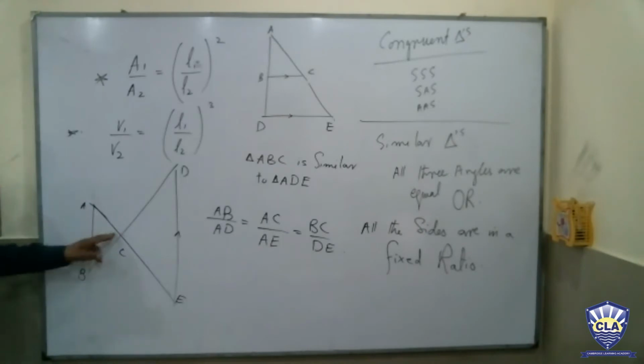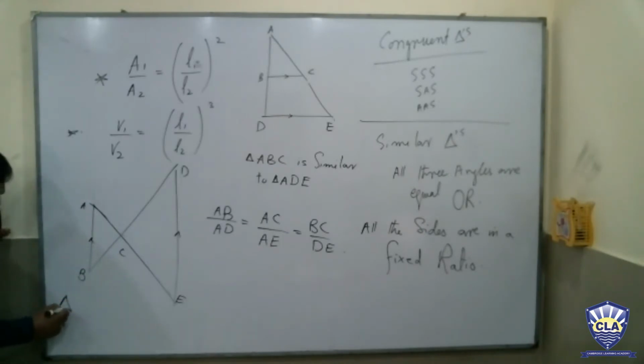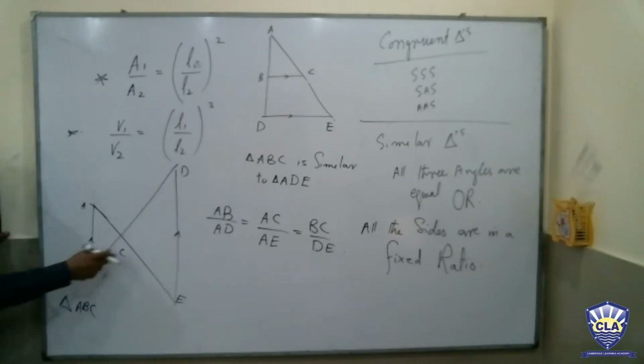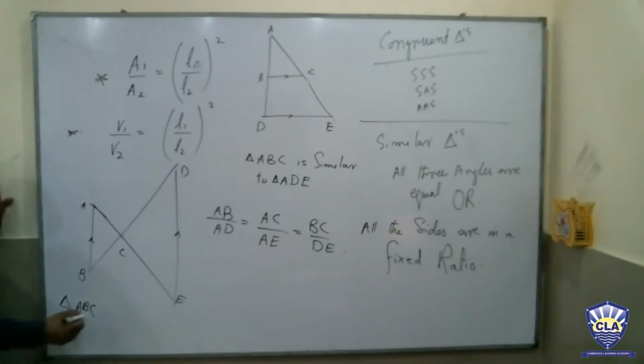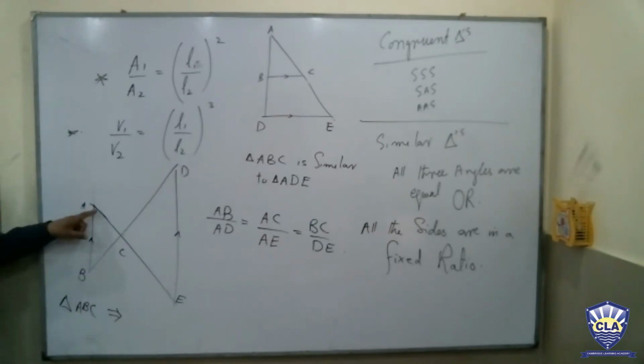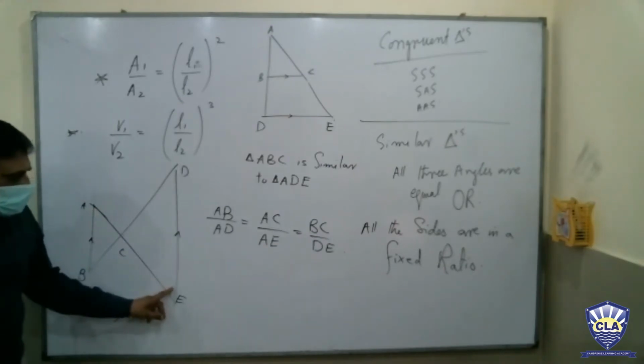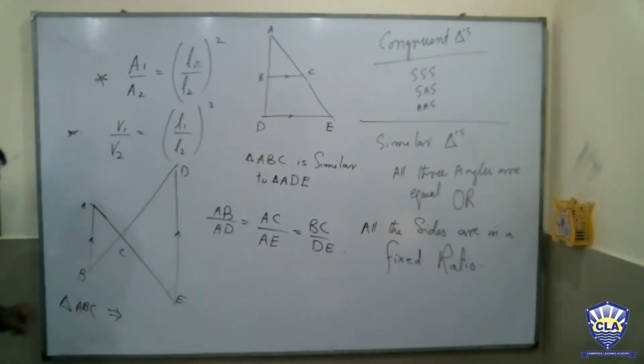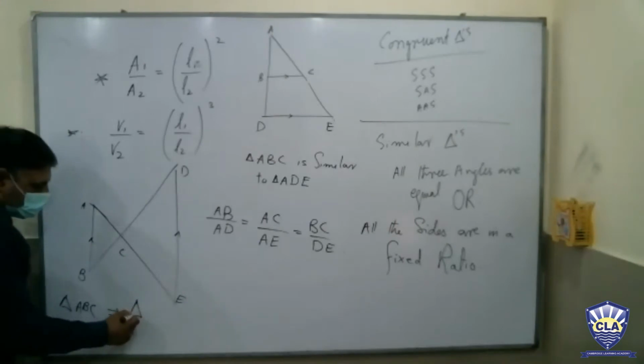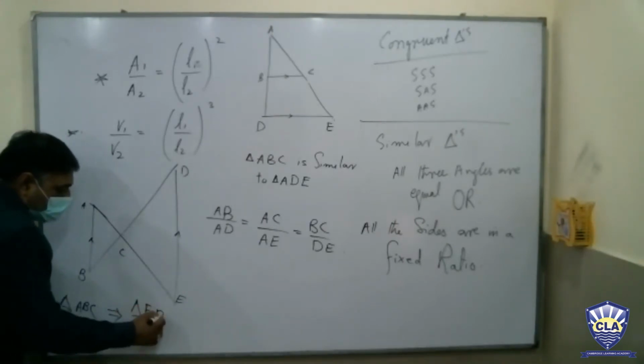Triangle ABC, angle A, then B, then C is equal to angle AED, EDC.